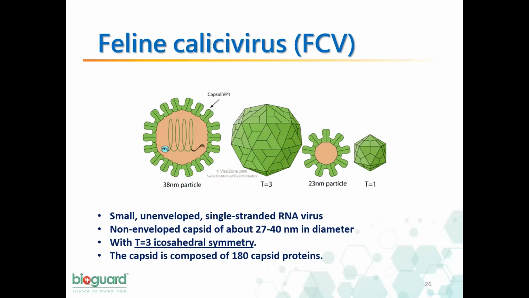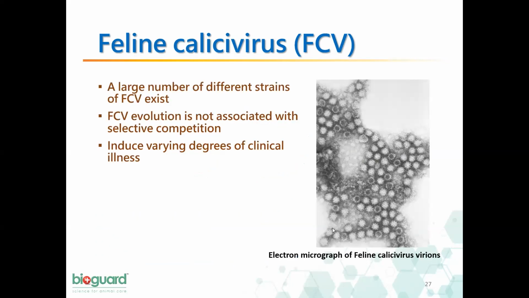It belongs to the Vesivirus genus of the Caliciviridae family, and it is non-enveloped, covered by a non-enveloped capsid around 20 to 40 nanometers in diameter. There are also capsid proteins present on the outside of the virus, known as VP1, and in total there are about 180 capsid proteins.